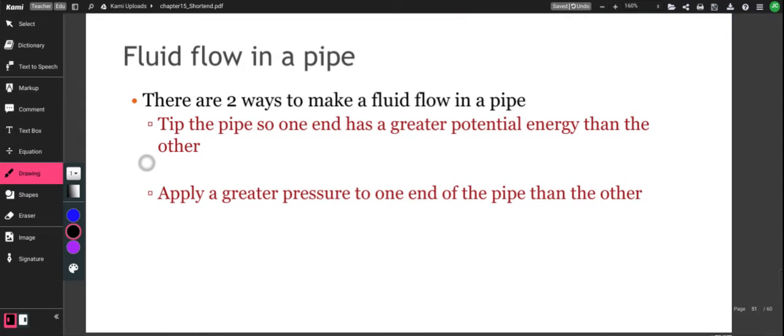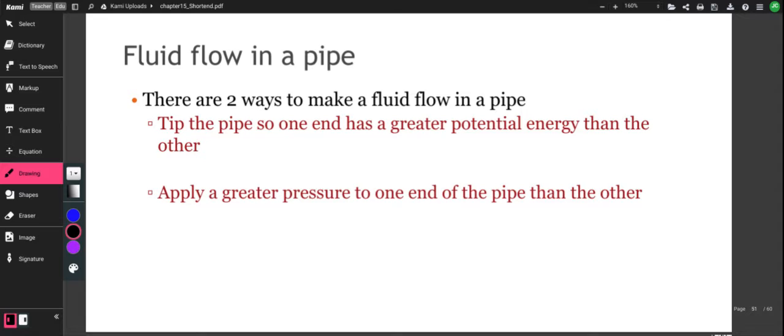There are two ways that we get fluids to flow in a pipe. We can tip the pipe so one end has a greater potential energy and the water flows down the pipe. Imagine a glass of water and you tip it on its side, the water starts to move.